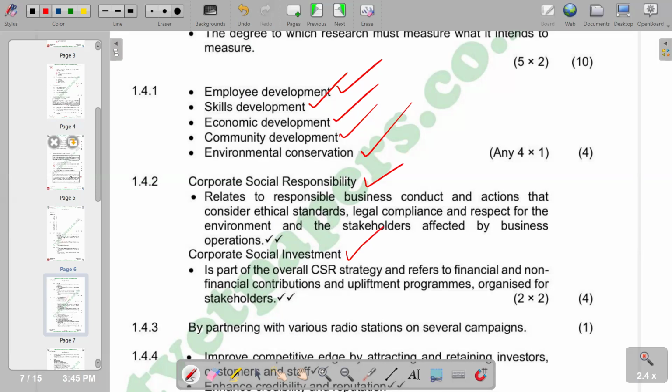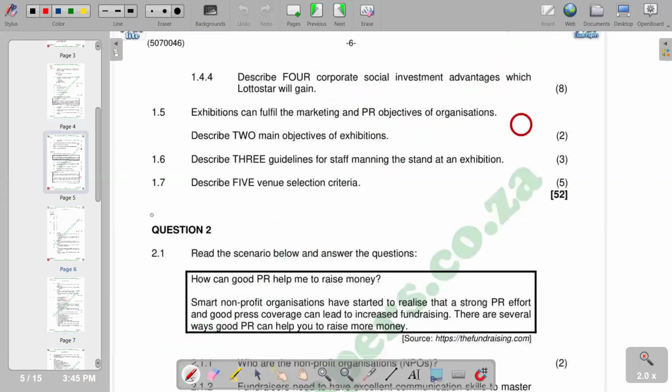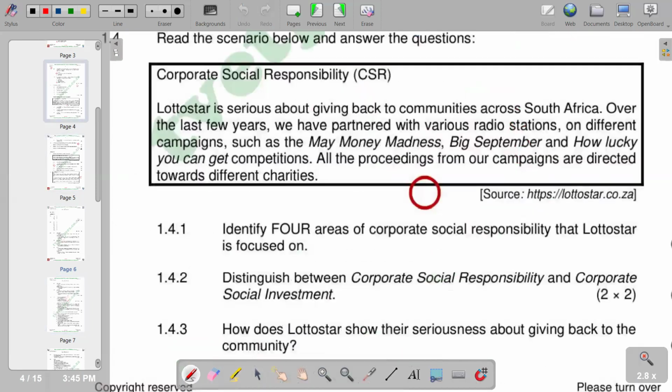Then, of course, we move on to 1.4.3, which reads: how does Lotosta show their seriousness about giving back to our community? We can refer back to the scenario we are given to see how they are giving back to their community. We can come up with this sentence: we have partnered with various radio stations on different campaigns.